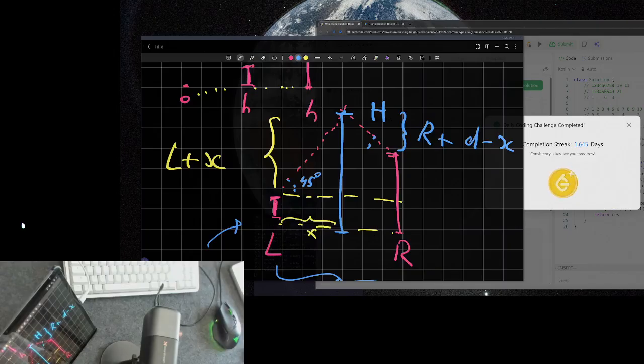So basically you're inventing this x, and this x works because 45 degrees gives you equal lengths of these triangles. Let's look at the code.